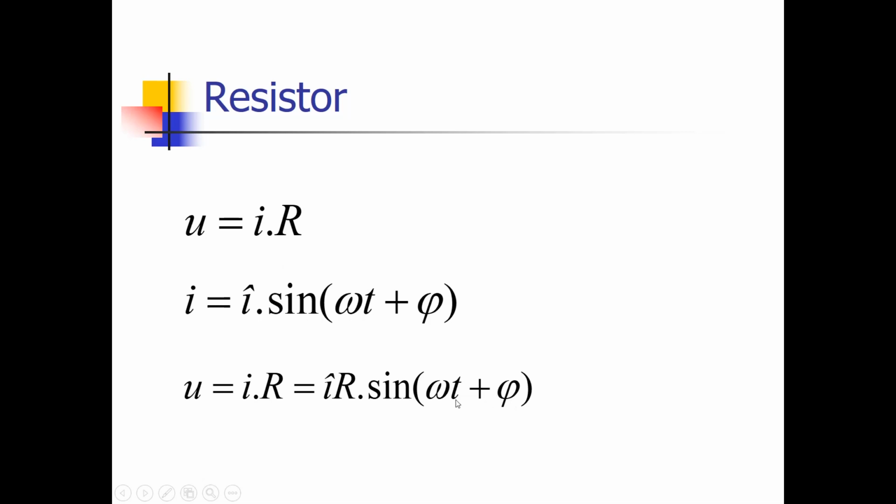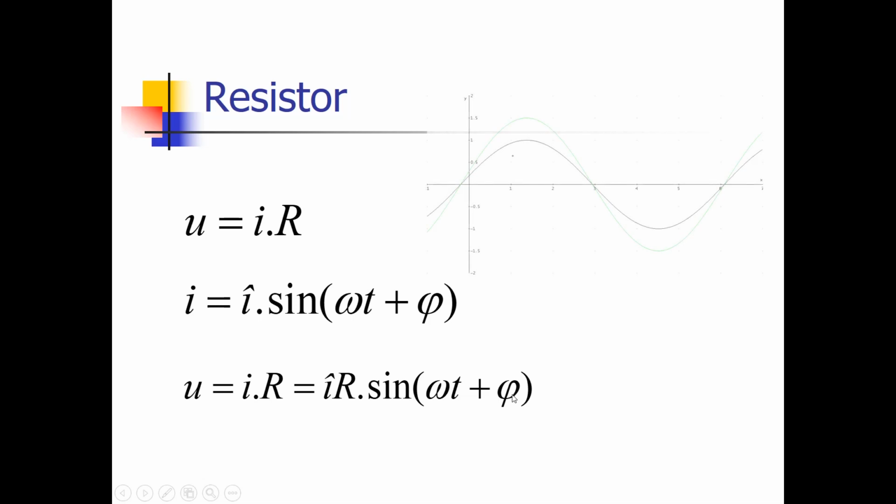What we see is that this U vector, this voltage vector, has of course a different amplitude. Here it was I top, and here it's I top times R, but not only the frequency stays the same, but also the phase angle stays the same. And that is of course what we expected when using a resistor.